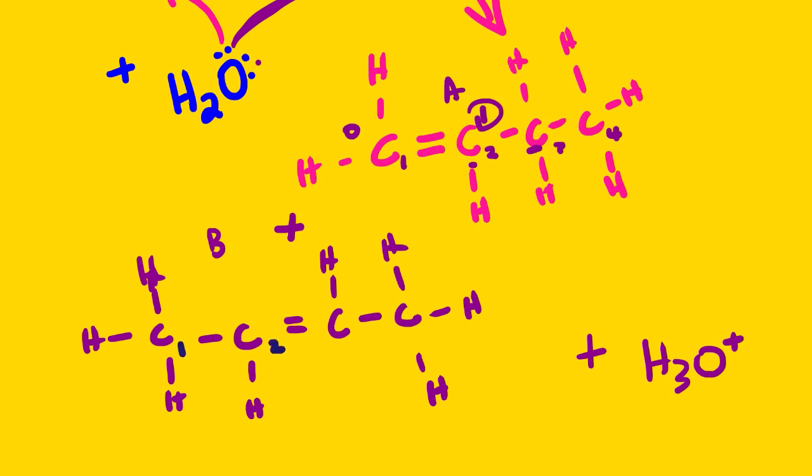This is 1, 2, 3, 4. We look at carbon number 2, you can see that it is bonded to one other carbon. We look at carbon number 3, you can see that it is bonded to another carbon. We do not include the one that forms the double bond with, so it is also bonded to another carbon. So in this case, we say this is disubstituted.